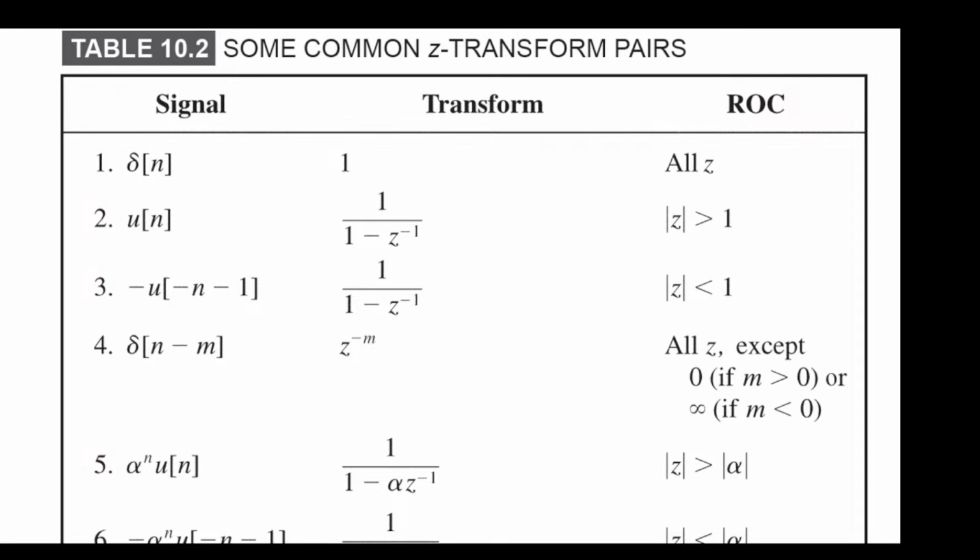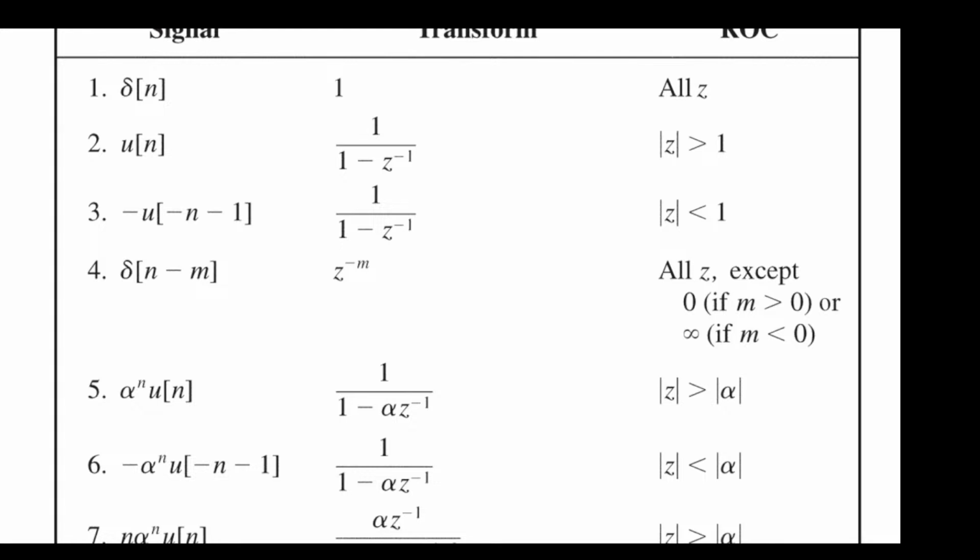If you have a negative power here, meaning m greater than 0, then at z equals 0 it doesn't converge. And if you have only positive power here, meaning m is less than 0, then at infinity this doesn't converge.